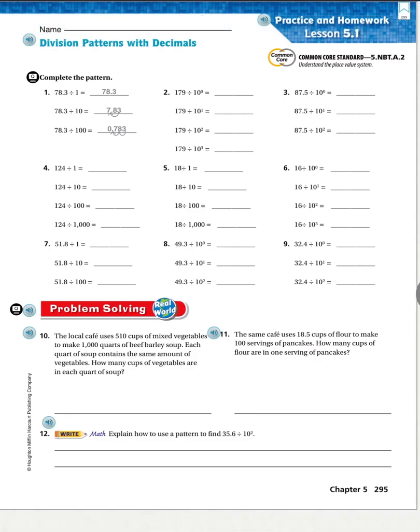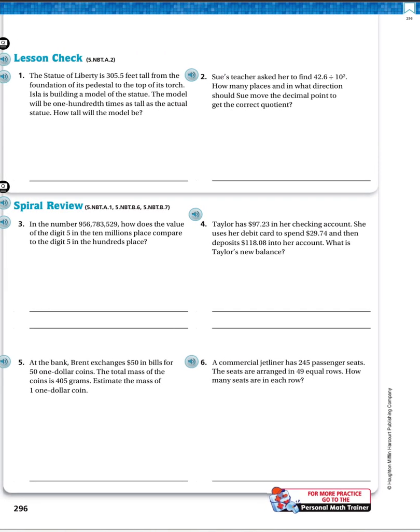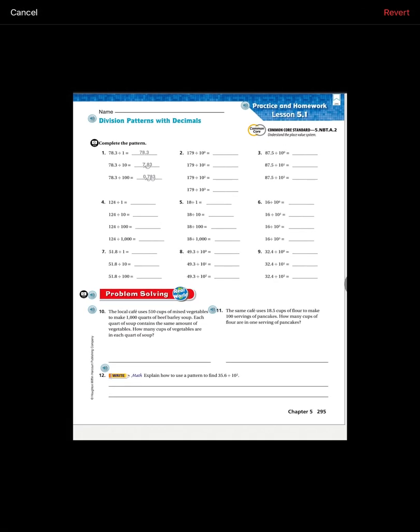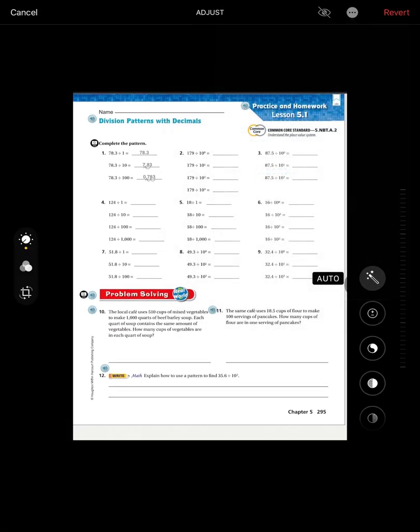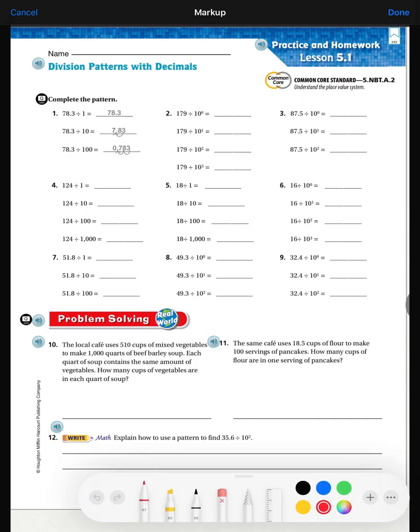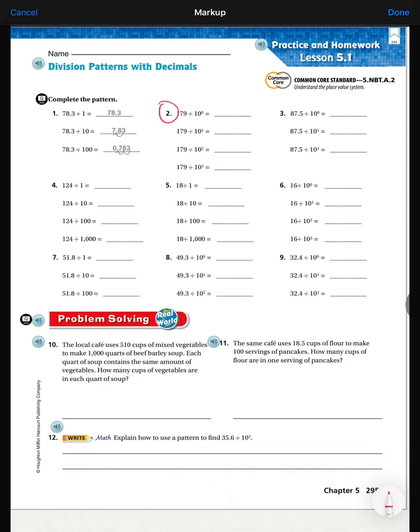Okay? We're going to look at our practice and homework page now, which starts on page 295 and is also on 296. So I'm going to tell you which problems you're going to be working on, and you are going to circle them, then go fill in your answers on the Google form. Okay? All right, here we go.